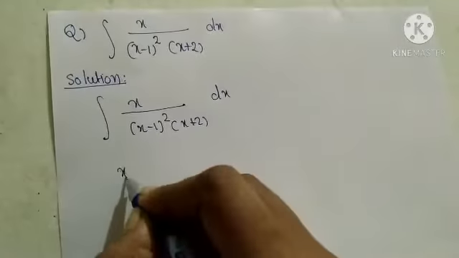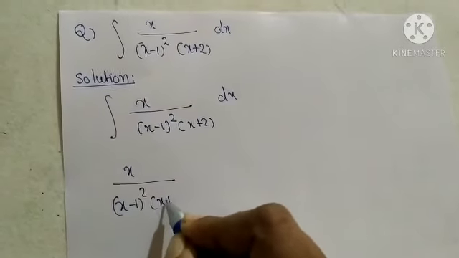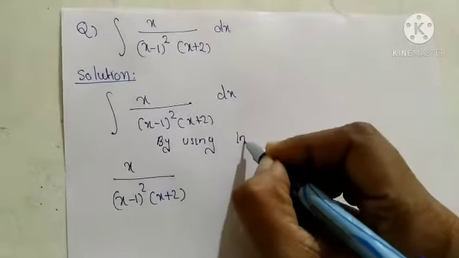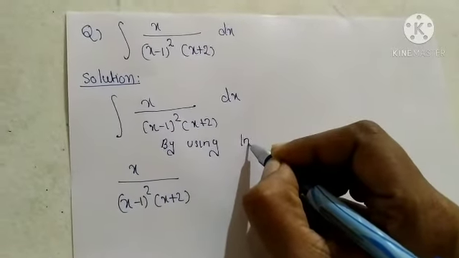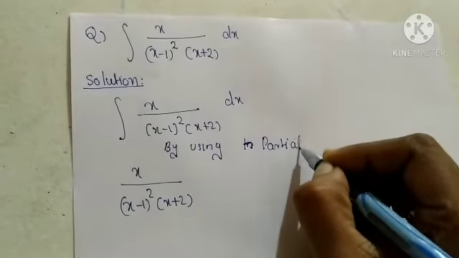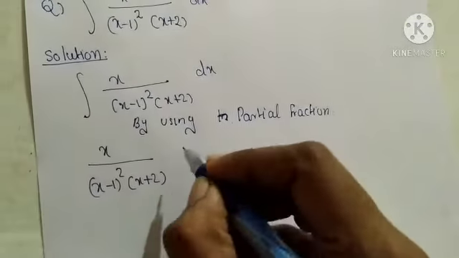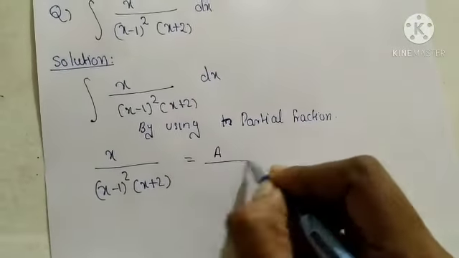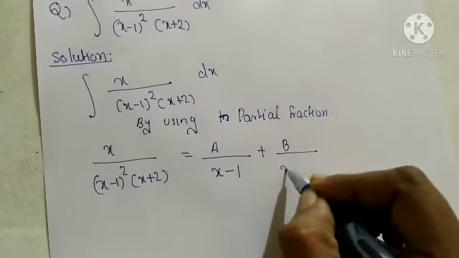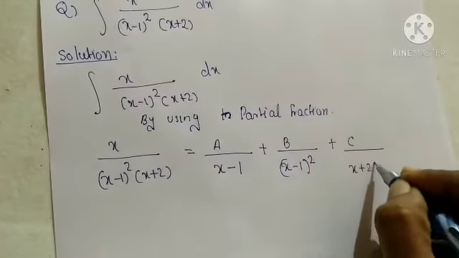Next, I am going to take this term only, that is x divided by x minus 1 whole square into x plus 2, by using partial fraction. This can be written as a divided by x minus 1 plus b divided by x minus 1 whole square plus c divided by x plus 2.